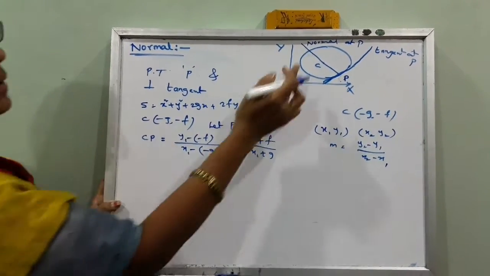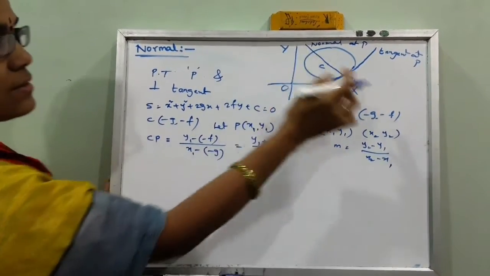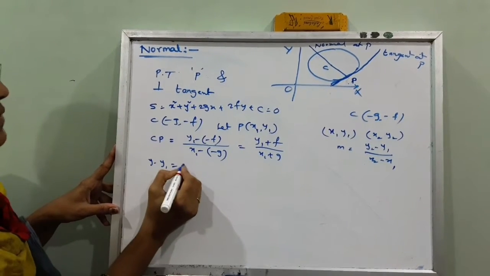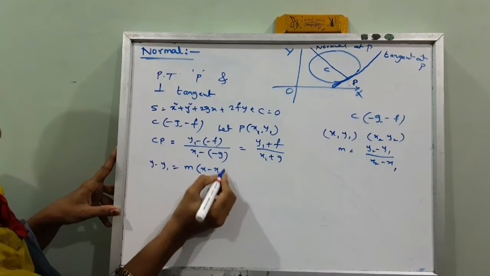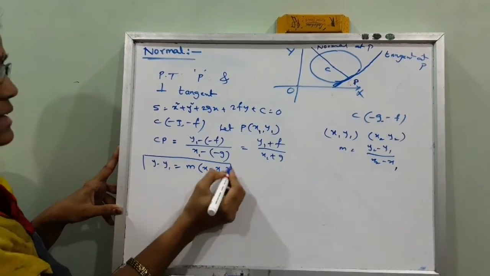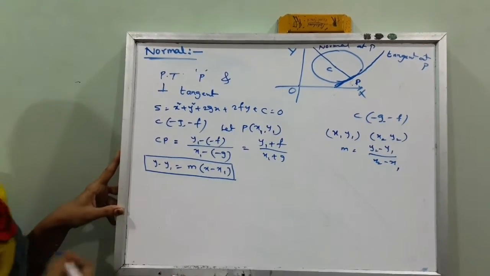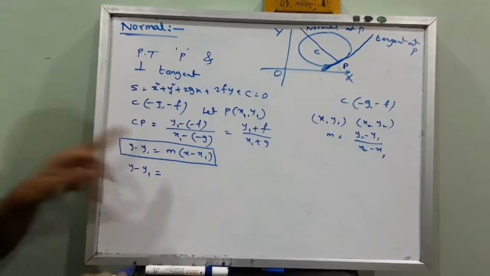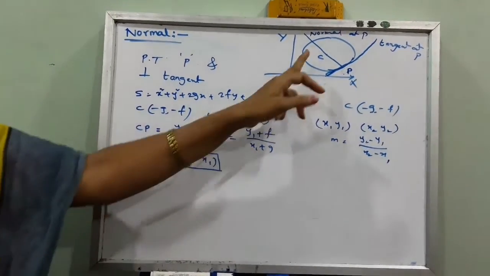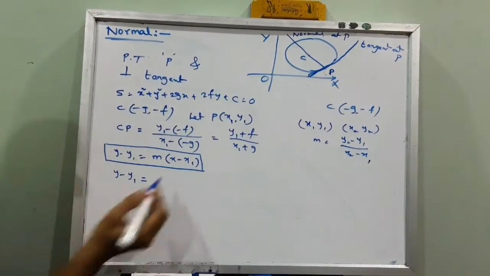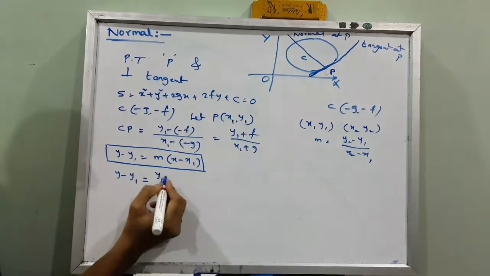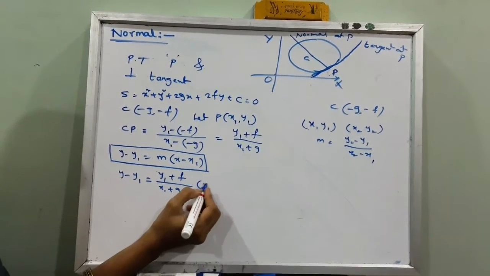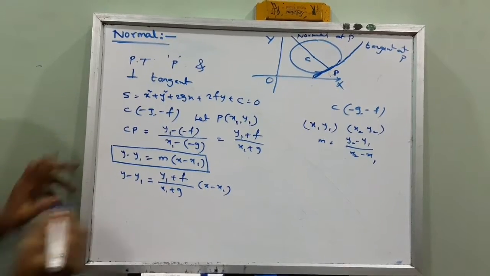This is the slope, and now the equation of the normal. Point slope formula: y minus y1 is equal to m into (x minus x1). Here m is nothing but the slope, which is CP, (y1 plus f) by (x1 plus g). So y minus y1 is equal to (y1 plus f) by (x1 plus g) of (x minus x1).